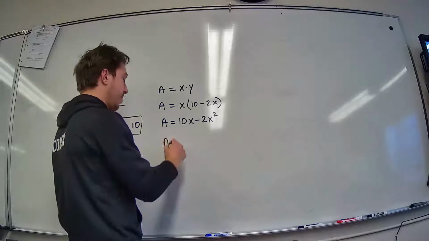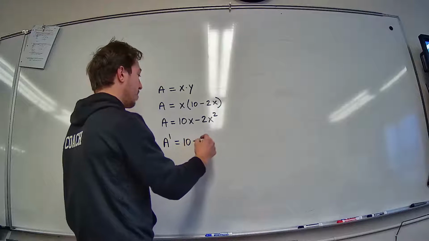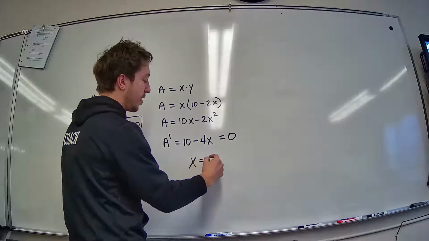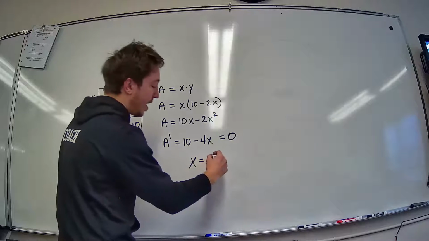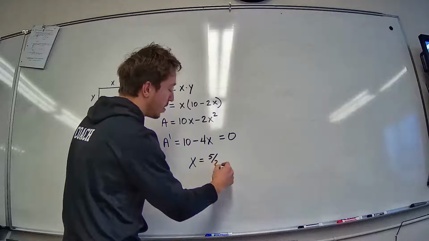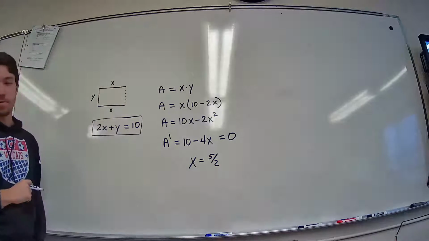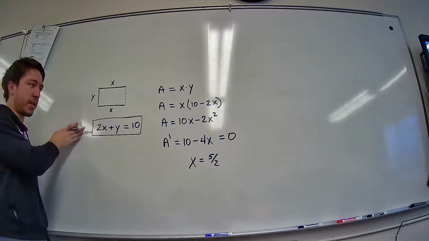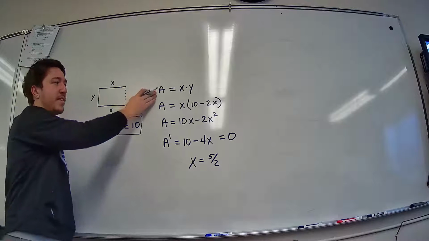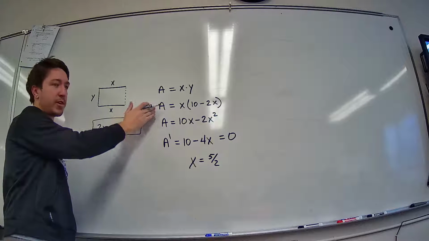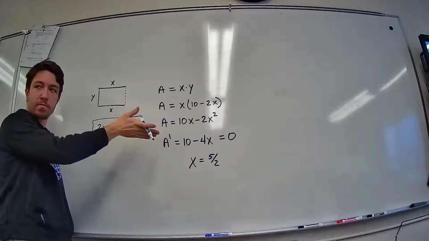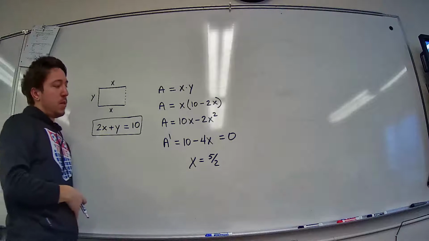Take the derivative, set it equal to 0, solve for x, you get 5/2 or 2.5. Let me pause there. Are there any questions on any of those, on maybe setting up the constraint, writing the area formula, doing the substitution, or taking the derivative? All pretty straightforward, right?